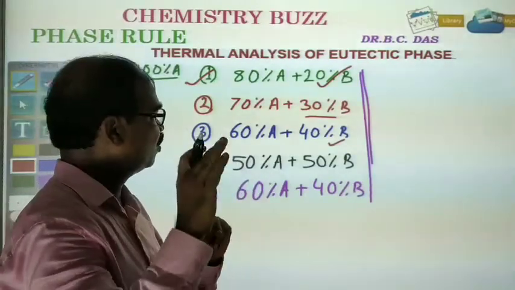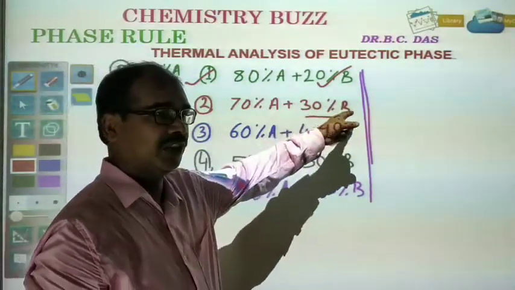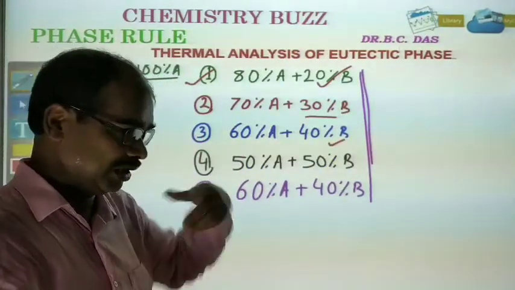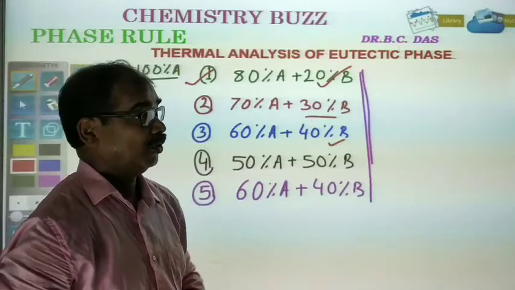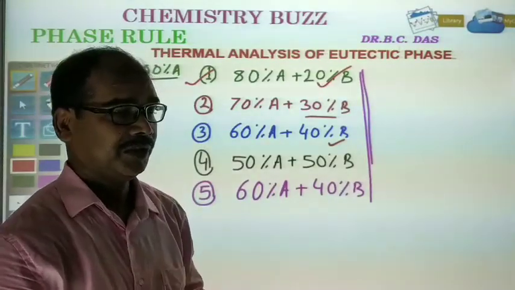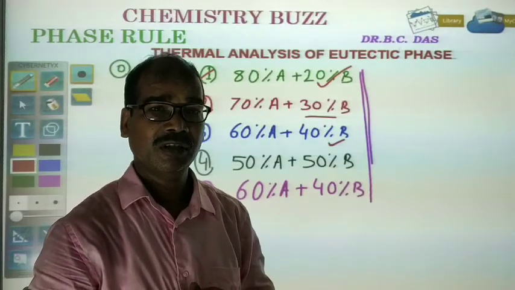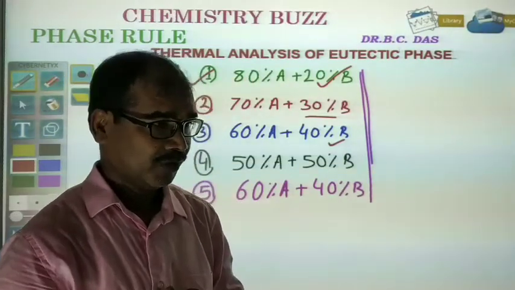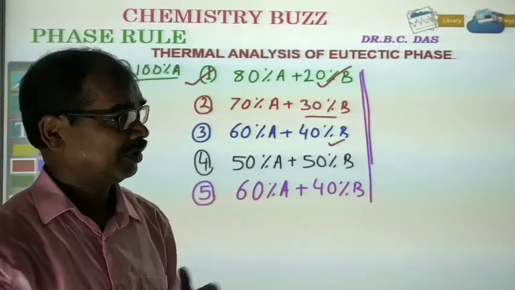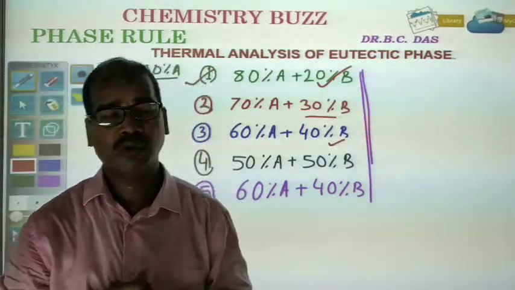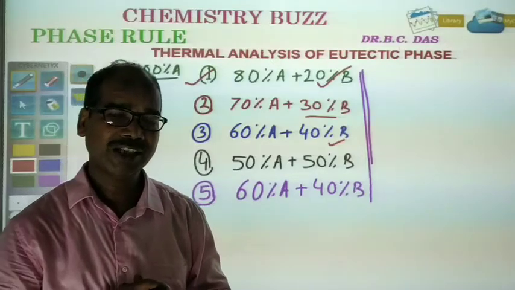As the total amount increases, the percentage of B will increase and the percentage of A will fall. This is simple mathematics. This chapter involves more mathematics and calculations, and I hope you have enjoyed this thermal analysis in addition to the study of the eutectic system.